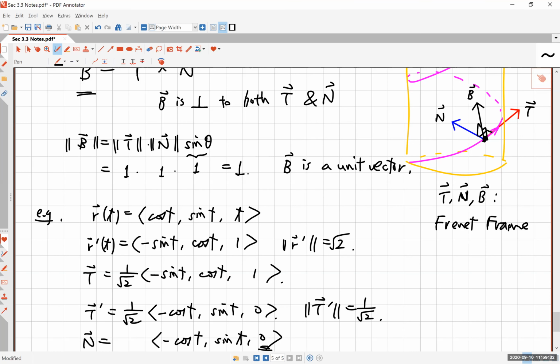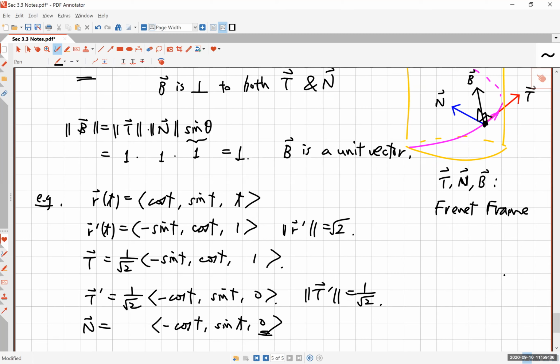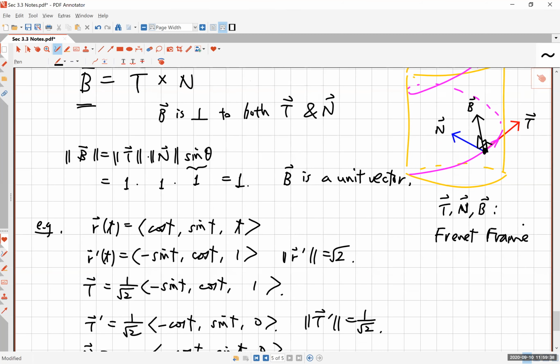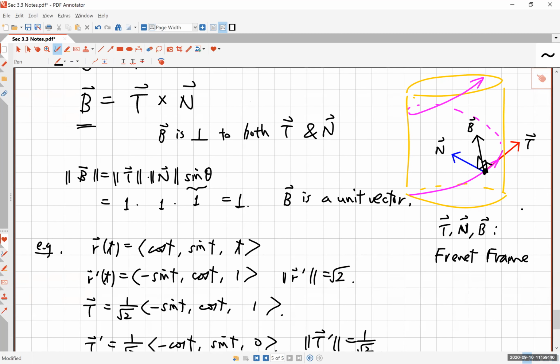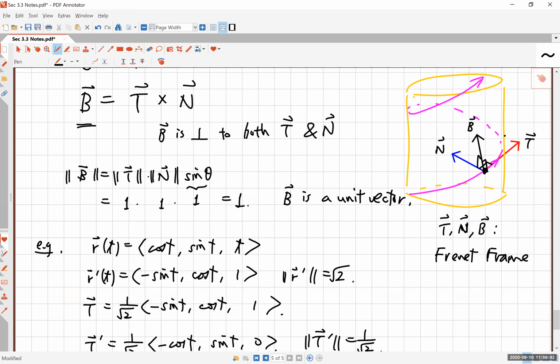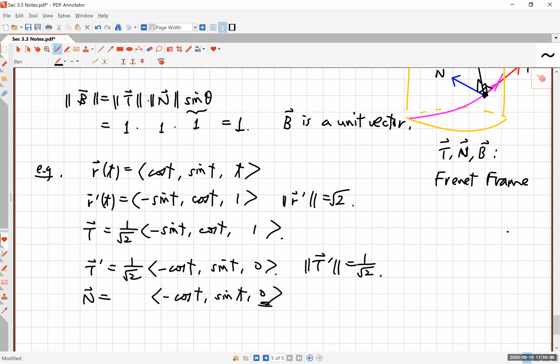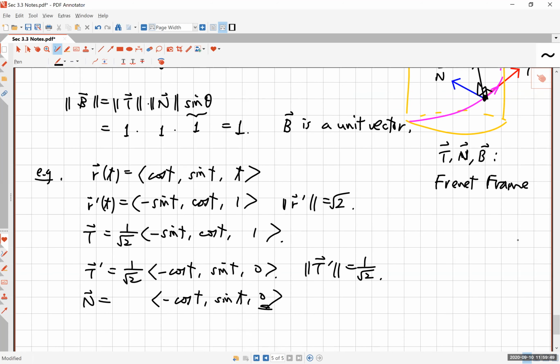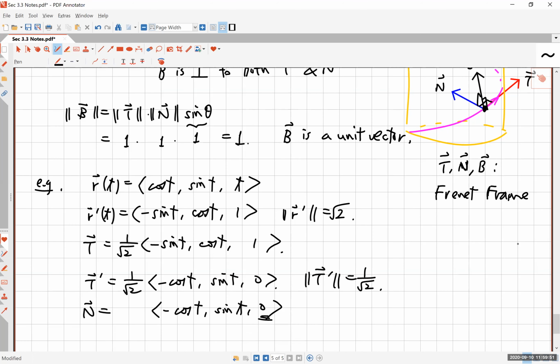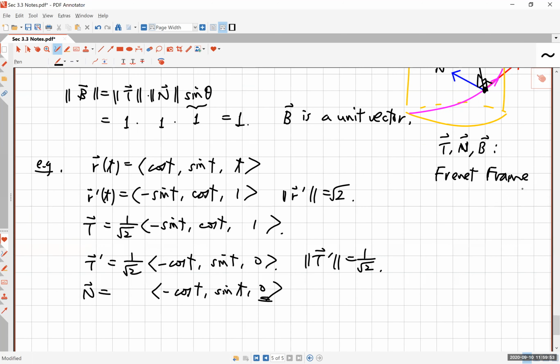And that's because there's really no change in the vertical speed or the vertical velocity of this motion here. In other words, the helix is constantly moving up, and so the z component derivative happens to be 0. So N is a horizontal vector here.